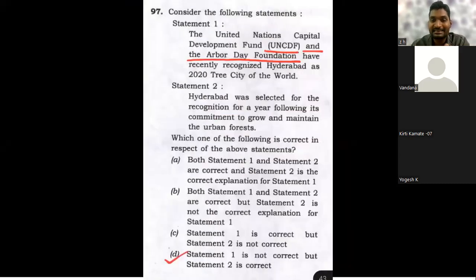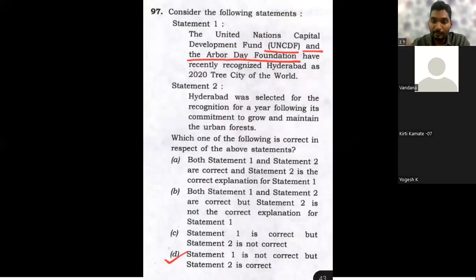Let's take another question from the same 2021 prelims paper. Here, two statements are given. The first statement says the United Nations Capital Development Fund, that is UNCDF, and the Arbor Day Foundation have recently recognized XYZ.